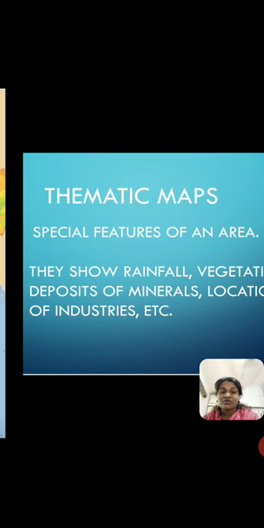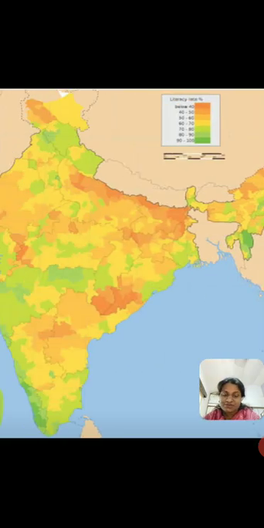Let me show you an example. This particular map which I have shared on screen right now shows you the literacy rate in our country. How do they show it? Have they written it on the map? No. They have used colors to show the rate of literacy in our country. So what are thematic maps?